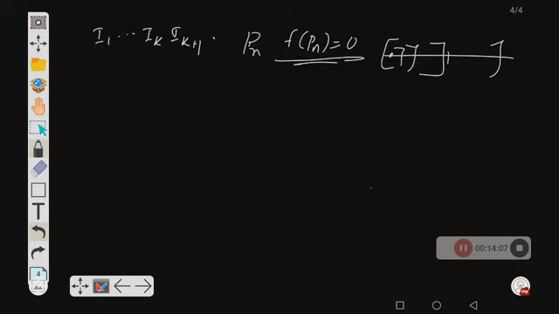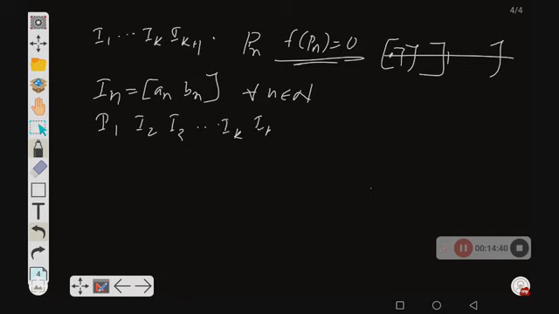But if the process is not terminating, that is, we can continuously choose these intervals without terminating, then we get a nested sequence of intervals In equal to [an, bn], closed and bounded intervals, for every n belonging to N. That is I1, I2, I3, etc., Ik plus 1, etc. It goes on.